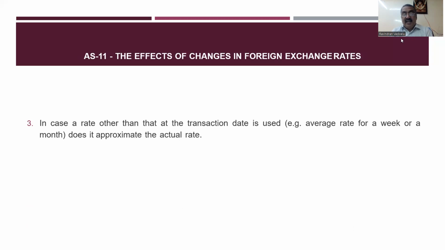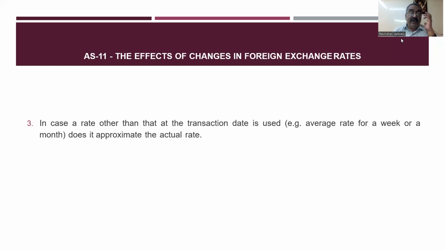In case of a rate other than the transaction date, sometimes not the closing date, you can take a weekly average, or a monthly average rate. And as a practice unit, you have to see whether that type of rate is reasonable or correct.